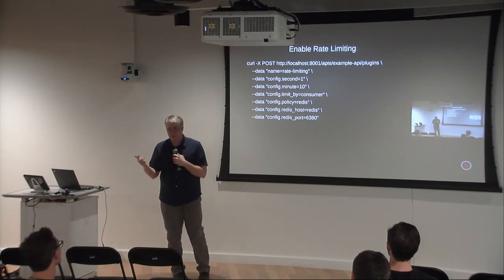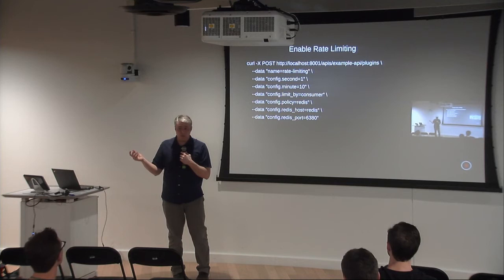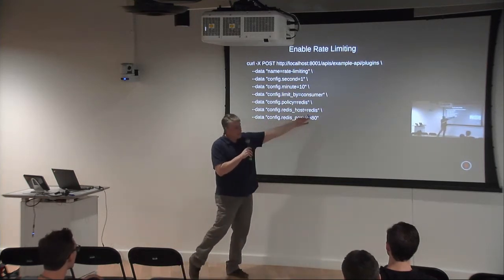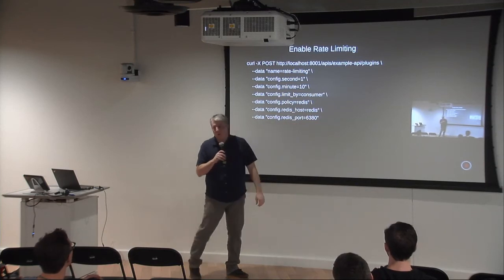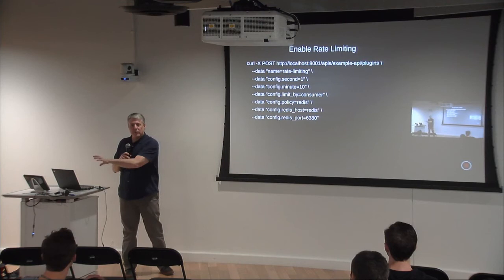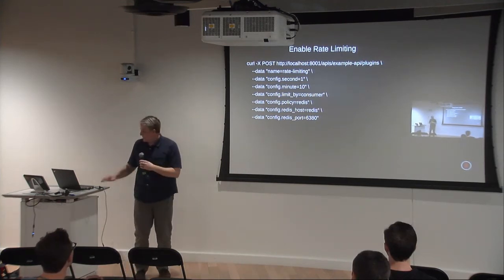And I chose Redis because that gives me a lot of flexibility using other tools. So it's going to store to a Redis instance, and config.redis_host and the Redis port are what we're going to use. This is in that Terraform cluster that you can download and play with, so it'll automatically configure all of this for you.